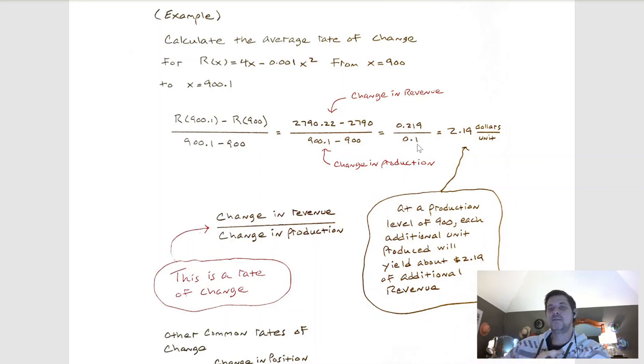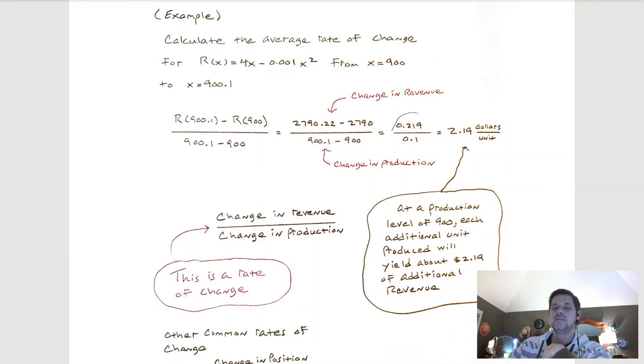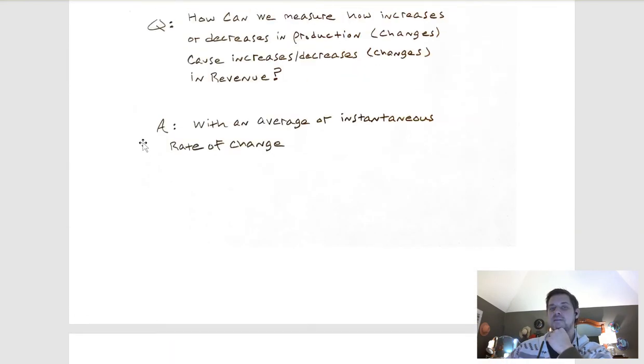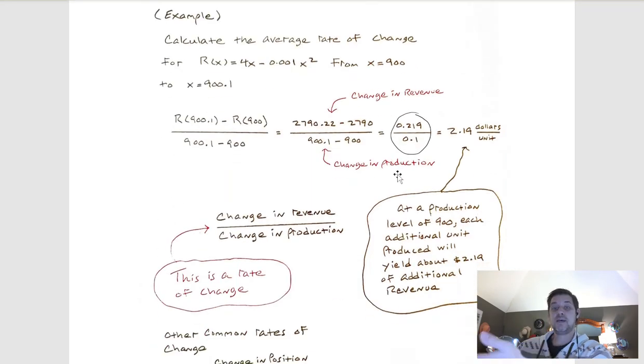Do you see this thing right here? That's a rate of change. It answers the question I posed back here: how do changes in production cause changes in revenue? This is how. A 0.1 change in production causes a 0.219 change in revenue.